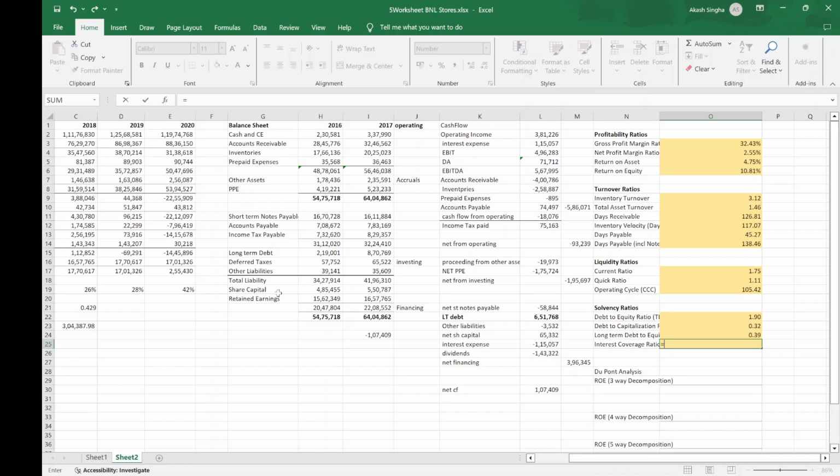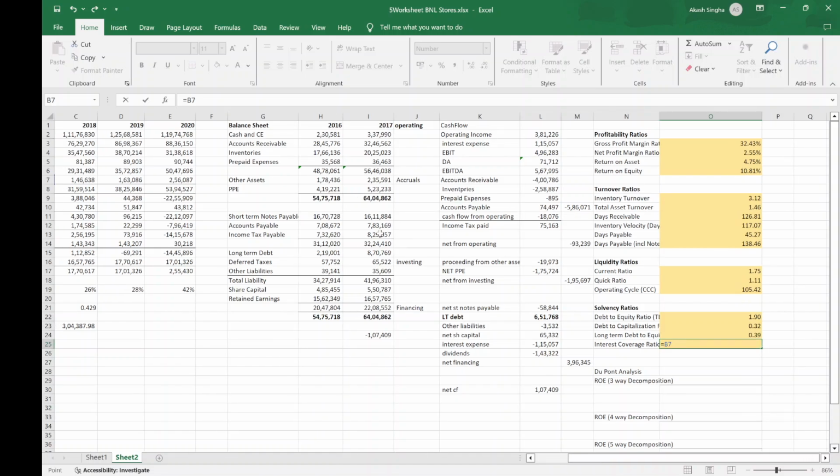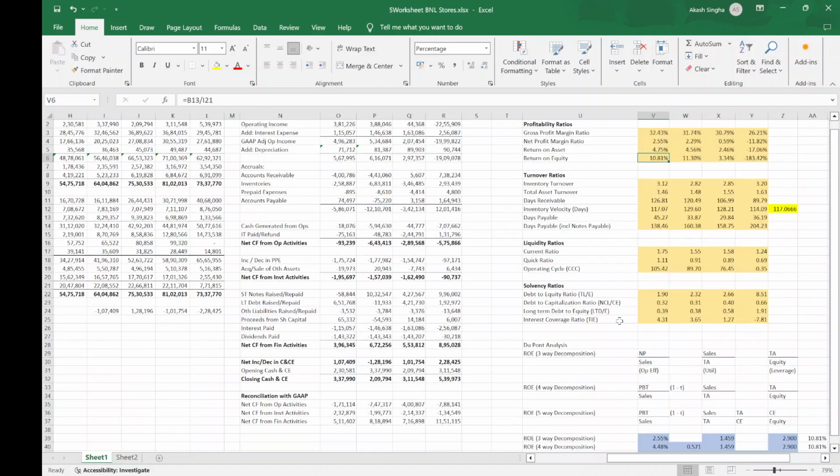Interest coverage ratio is interest expense by, what? I think it should be current asset, or I don't remember. 0.02. No, it should not be that. Interest coverage. Okay, it's given.